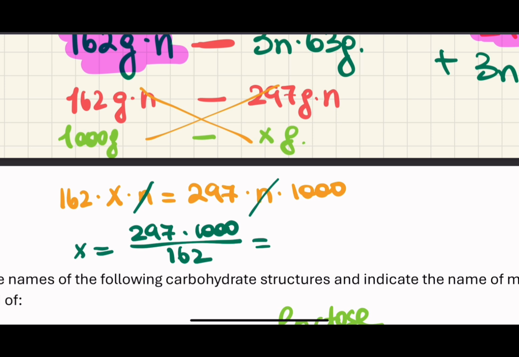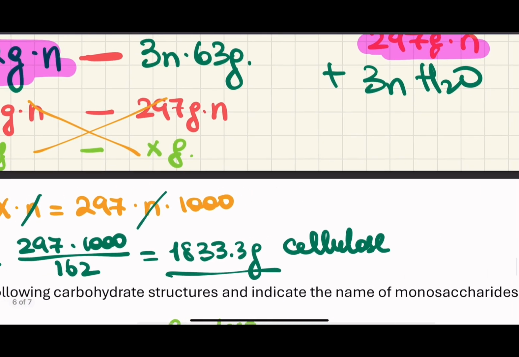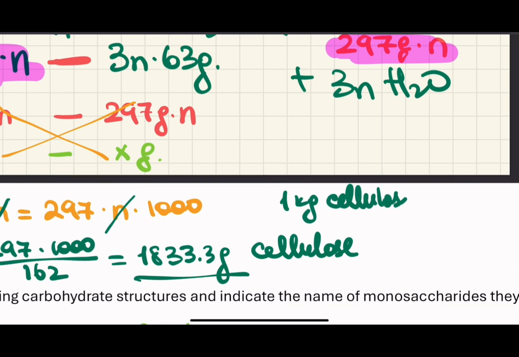And if you do that calculation, you will get 1833.3 grams of cellulose trinitrate. Okay, so this is the value you get. So for 1 kilogram of cellulose, you make 1.83 kilogram of cellulose trinitrate.